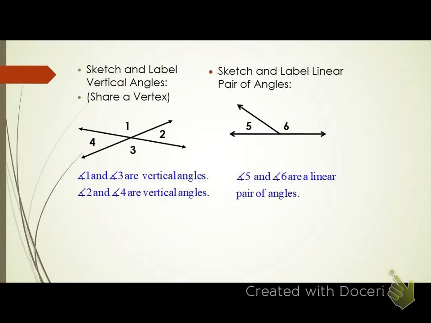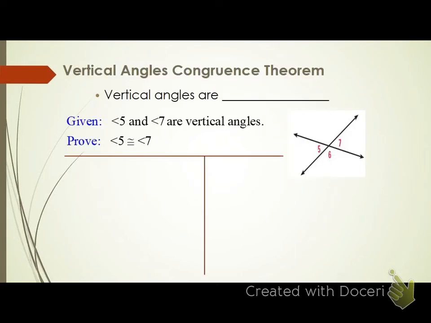Now that we can recognize vertical angles and linear pair, how can we use that? Well, there is some interesting information about vertical angles. I've mentioned it before, and that is that all vertical angles are congruent, from your vertical angles congruence theorem.